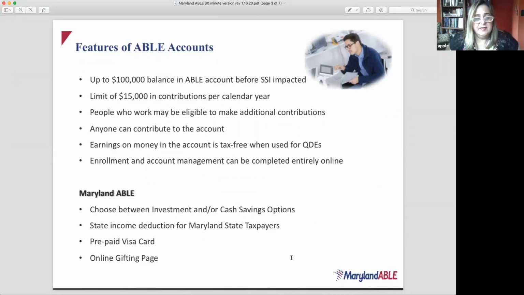So why is ABLE an important legislation? Well, remember I shared a little bit about that $2,000 asset limitation and what would happen if people exceeded that limit. They would eventually be disenrolled from Social Security. With an ABLE account, it gives people the opportunity to save up to $100,000 in their ABLE account without it impacting their SSI benefits.